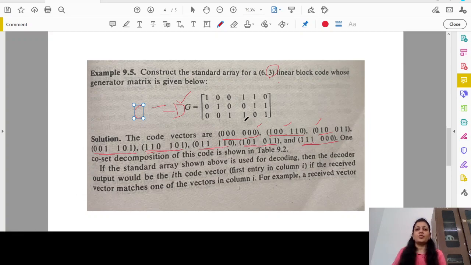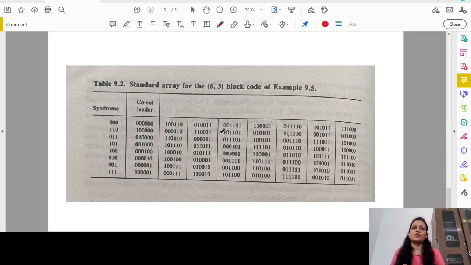Using these, I write them as the first row of my standard array, which is the beginning of the standard array. Let me consider C1 as my code word consisting of all zeros. So I will write a code word consisting of all zeros.